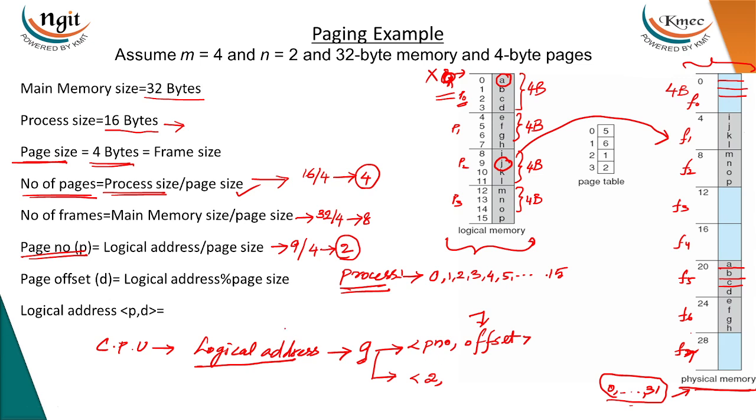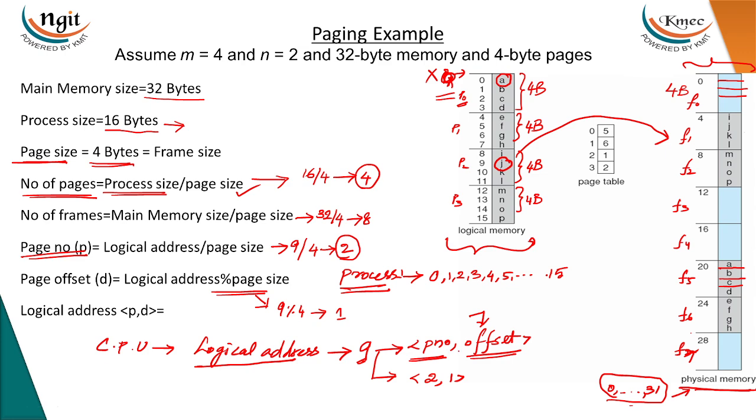When it comes to the page offset, it is 9 modulo 4, that means the remainder after you divide by 4. 9 modulo 4 is 1, because 4 times 2 is 8 plus remainder 1. So we have converted the logical address into page number and offset value. Offset means the location within the page of that particular logical address.